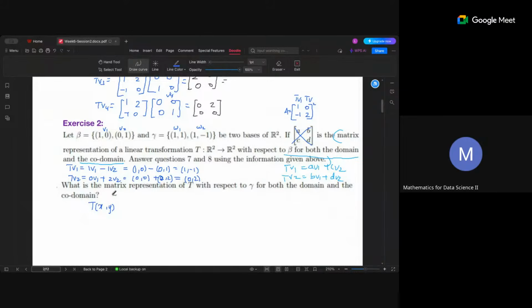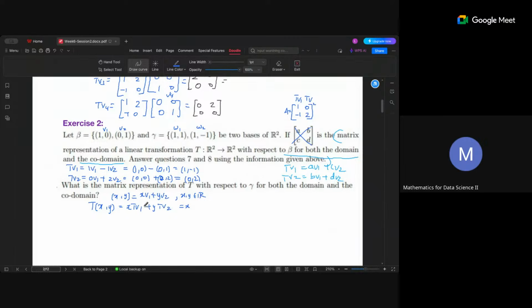So how can you express (x, y) as a linear combination of v1 and v2? x(1, 0) plus y(0, 1), so x v1 plus y v2. Now if I apply T, you know that x and y are just scalars, just real numbers, right? So you have x T(v1) plus y T(v2).